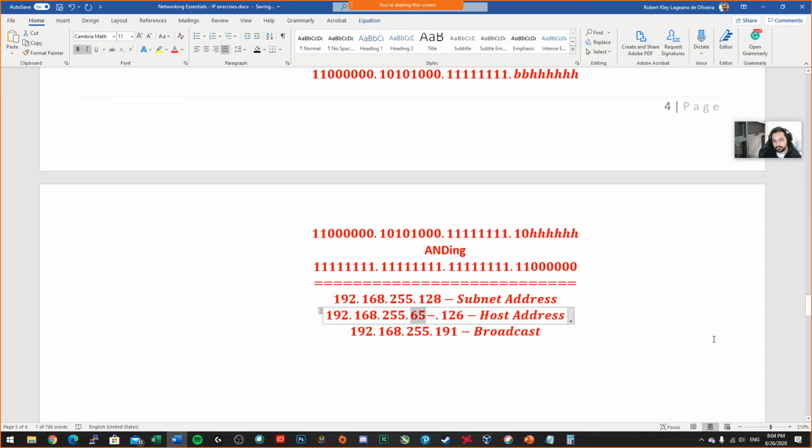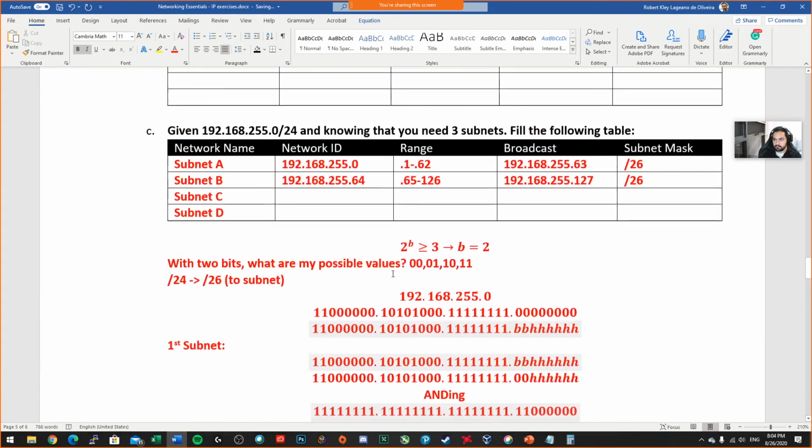Hosts would be 128 to 190. I can fill up the table. Yes, 128 to 190 or 191? 190, because the broadcast is 191.